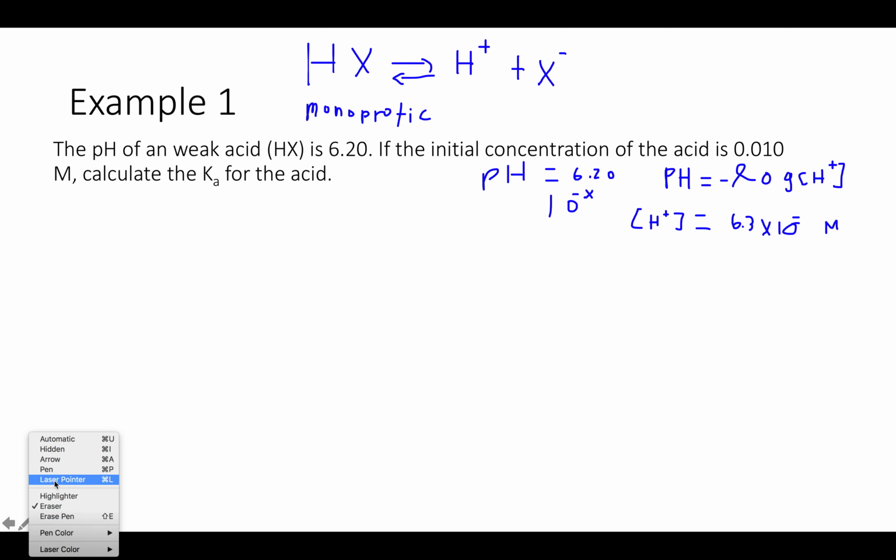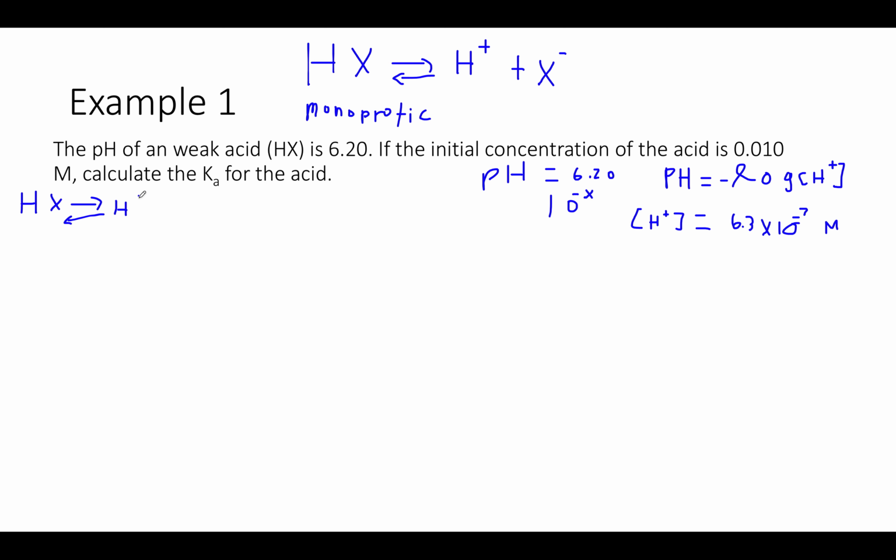It's actually 6.3 times 10 to the negative 7th. So 10 to the negative 6.2 gives us the hydrogen ion concentration. So what I'm going to do now is I'm going to write an equilibrium table. I'm going to calculate what my concentrations of undissociated acid and hydrogen ion is at equilibrium. From there, I can make a Ka expression to find the Ka of the acid.